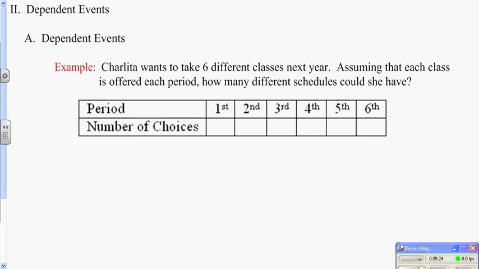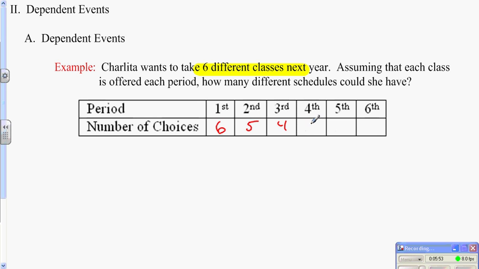Now here we have again a more applied question, but we have a person who's going to take 6 different classes. Now here's where it's dependent, because you can't take the same class more than once in one day. So if you look at this, there are 6 choices for her to choose from for first block, the first period. But since she chose a class during first block, she really only has 5 choices now.